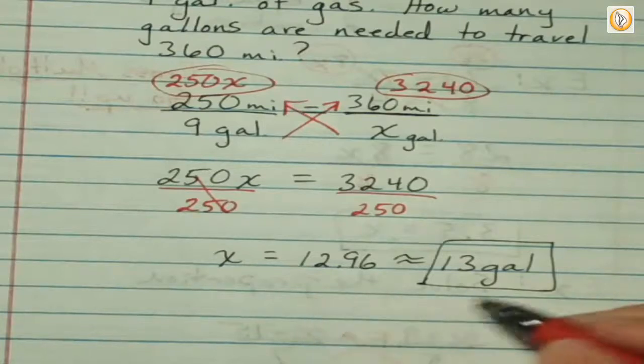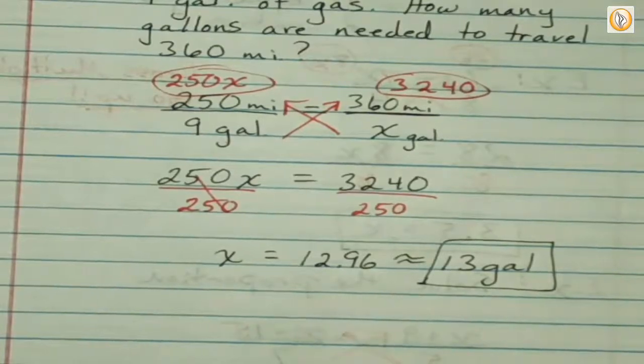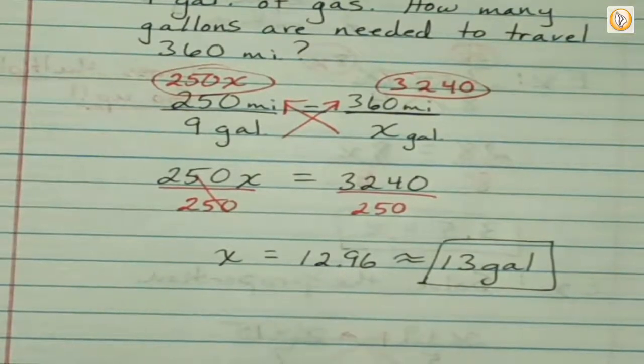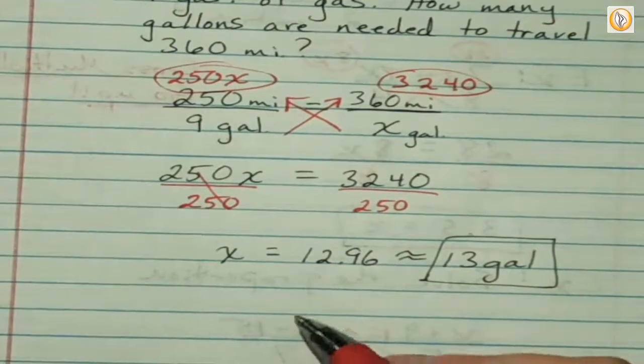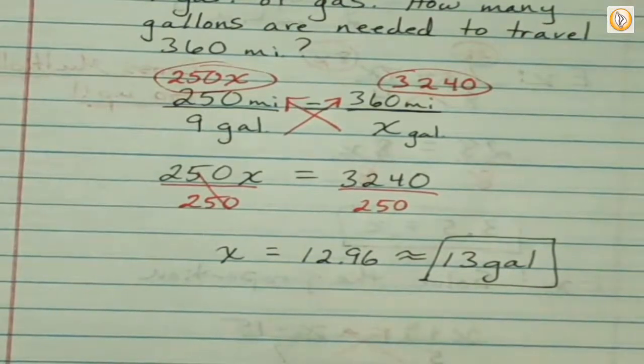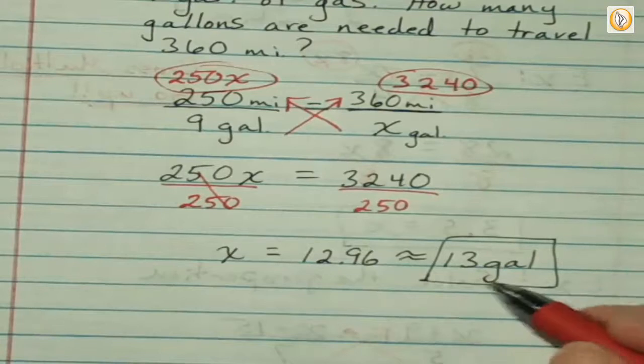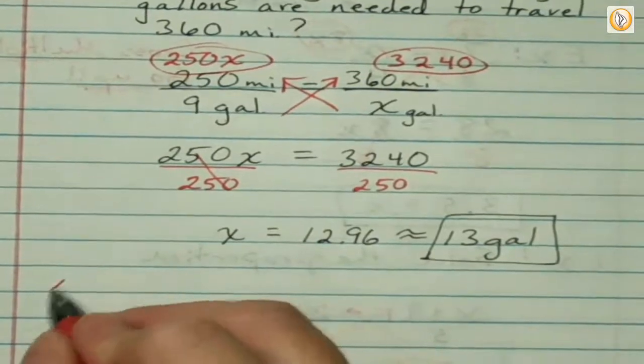That's pretty much the same thing. You know what I'm saying? Unless they say round to the nearest whole number and this was one of your choices, and they try to trick you that way. But yeah, no, that's the same thing. In the real world, when we're dealing with money and gallons of gas and stuff like that, you just kind of round. So approximately 13 gallons.